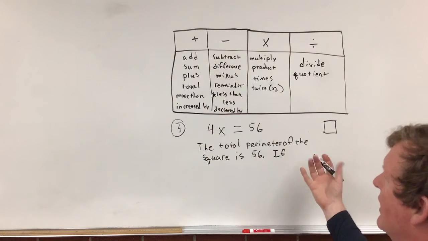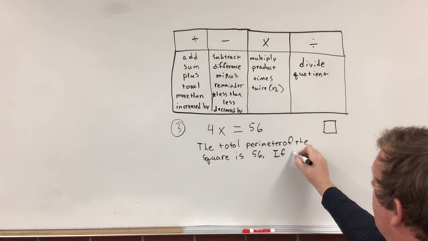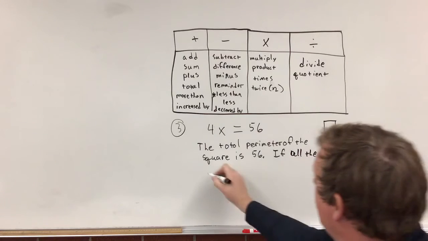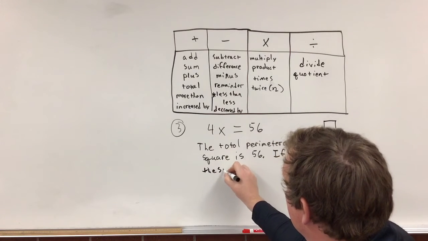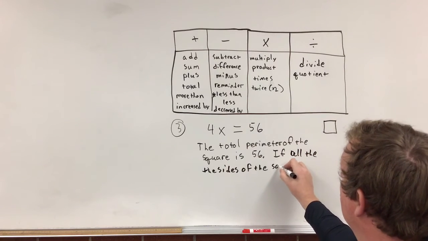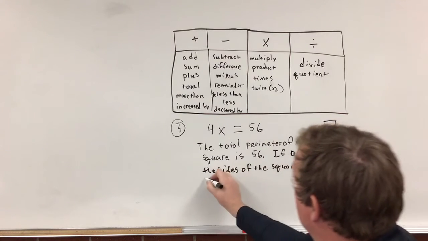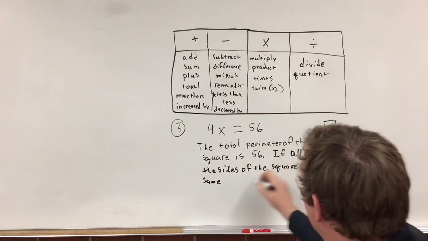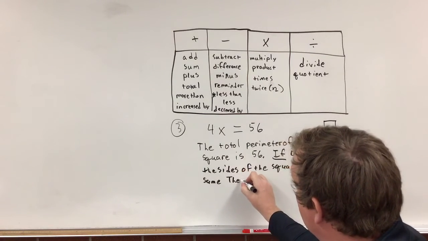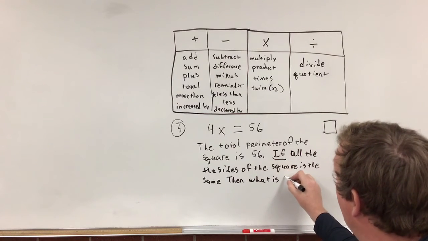And we could kind of say, if we do know this, that all the sides of the square are the same, here comes my then, right? So I did if all the sides of the square are the same, then what is the length of one side?